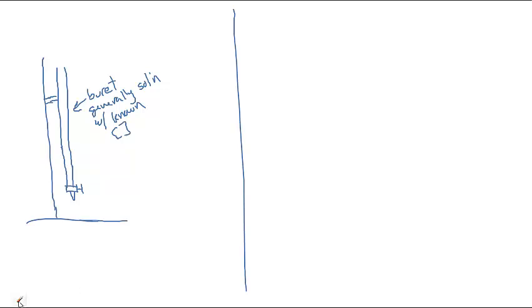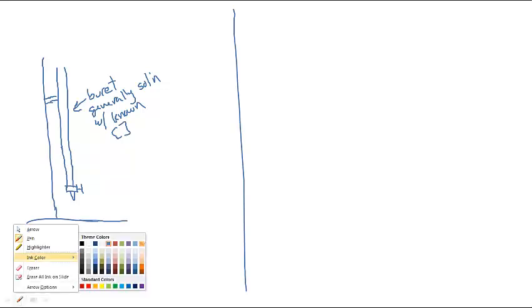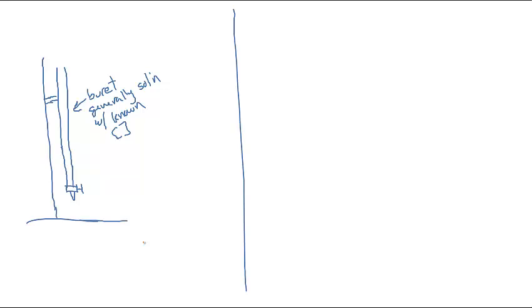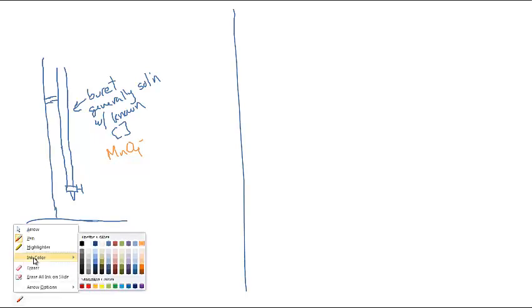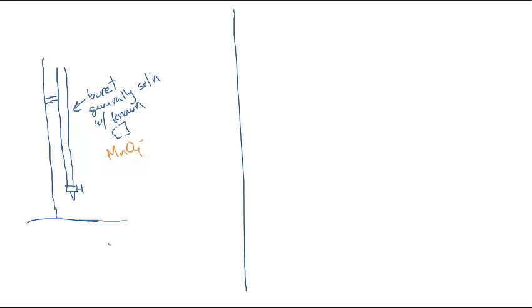In this case, we know the concentration of MnO4 minus. That is a flask. Here is our analyte. And Kirby just used the word titrant, which is the correct thing to go in here. And the analyte has a known volume.